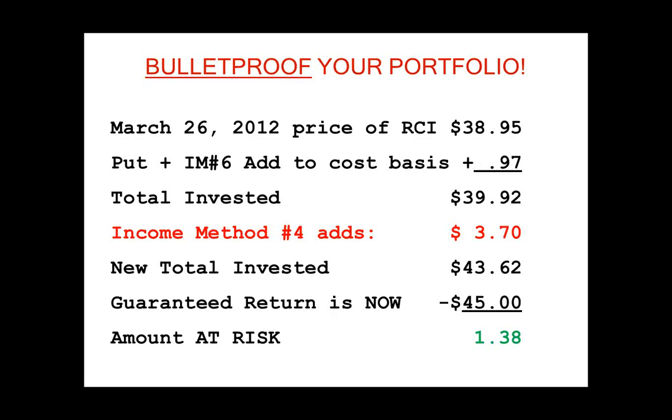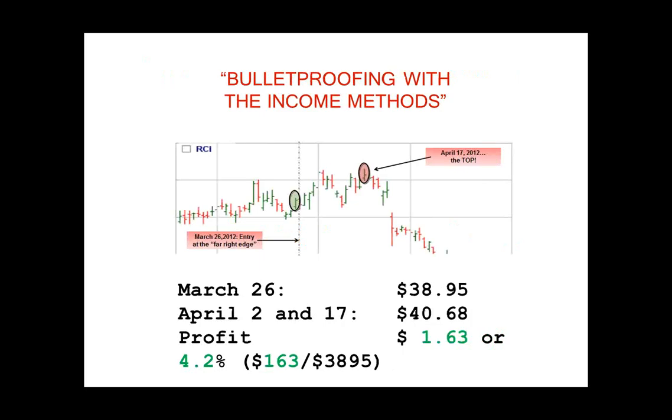Okay, and that's what I wanted everybody to see, because I talked about calling the market top. So here's the deal. In truth, if you had just the stock and a crystal ball, and you knew that the stock was going to peak on April 17th at $40.68, you could get in at $38.95 on March 26th.